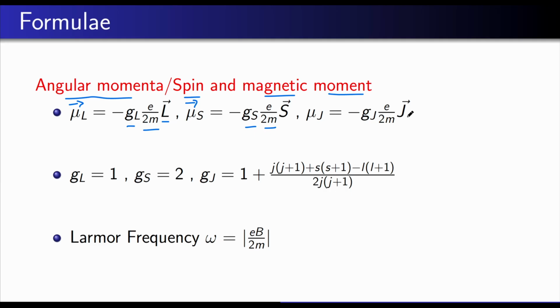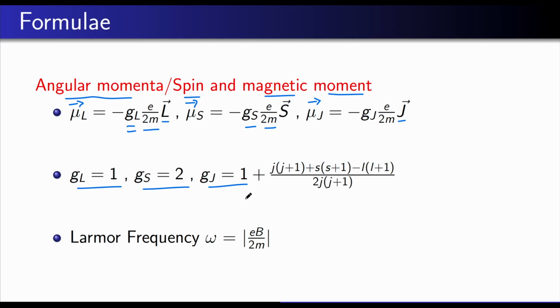Similarly, when we have a total angular momentum J vector, we can define the total magnetic moment mu J vector, which is equal to minus g_J e by twice m times J vector. So g_L is actually 1, g_S is 2, and g_J is the Landé g factor.